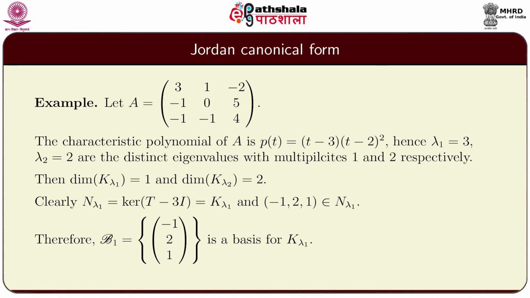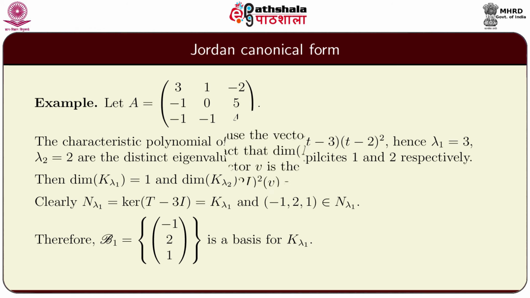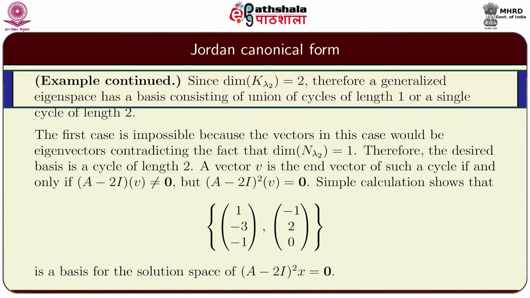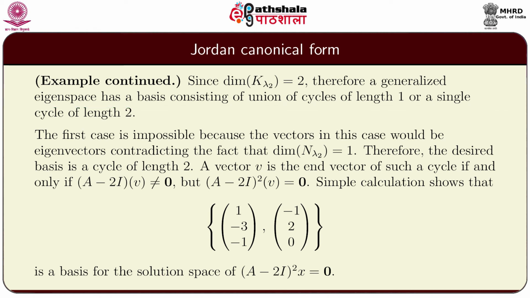Therefore, B1 given by this singleton minus 1, 2, 1 is a basis for the generalized eigenspace K lambda 1. Since dimension of K lambda 2 is 2, therefore, a generalized eigenspace has a basis consisting of union of cycles of length 1 or a single cycle of length 2. These are the two possibilities.